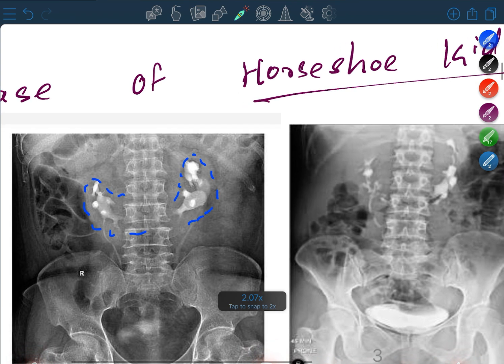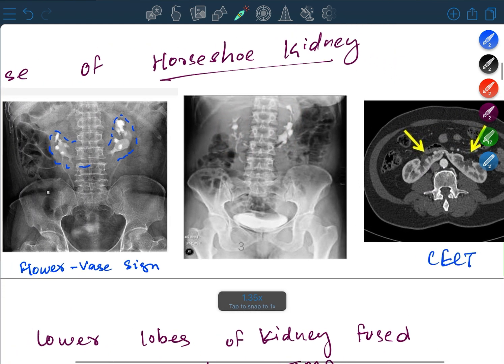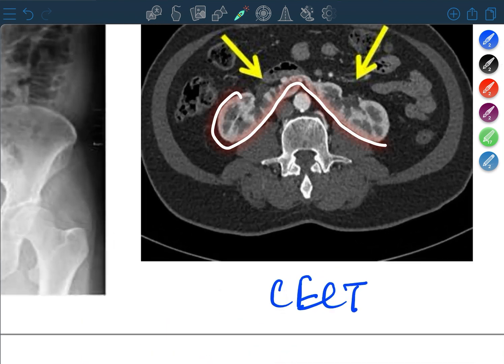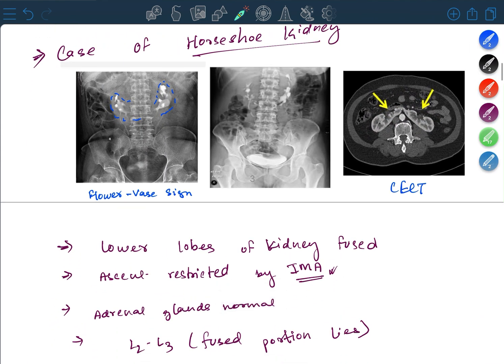See, the kidneys fuse and this looks like a flower vase. See here also. See, this is the fusion. They're looking like a flower vase. And in CECT, you will see this. See this, beautiful. Can you appreciate this? The complete lower lobe has been fused. Okay, so these are the images and some points: lower lobes of the kidneys are fused.